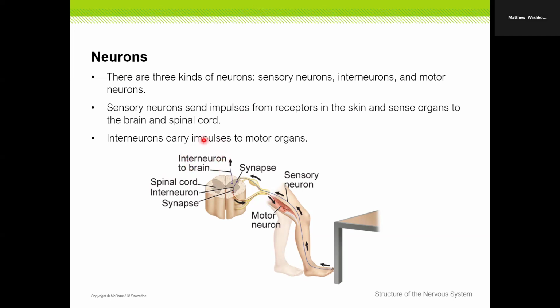Now, I really want to make a distinction here. Impulse, reflex: when you hold a hot pan, when you stub your toe, when I throw something as hard as I can at your face, your brain doesn't make a decision there. You don't consciously decide to kick your foot back, drop the hot pan, or try and block your face.